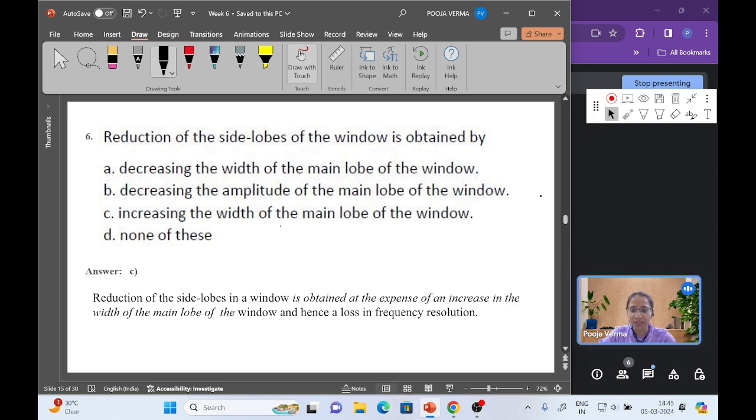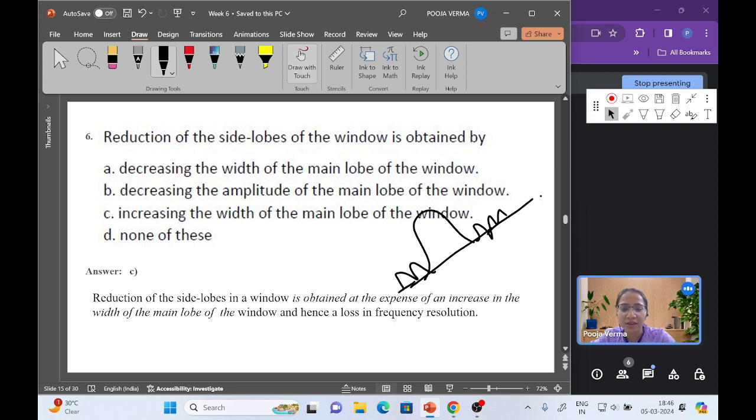The reduction of the side lobes in a window is obtained at the expense of an increase in the width of the main lobe. This is the main lobe and this one is a side lobe.